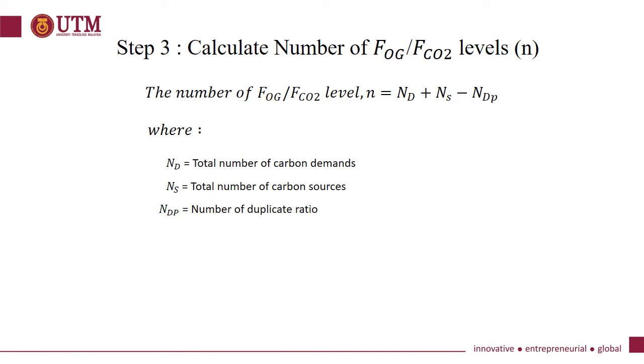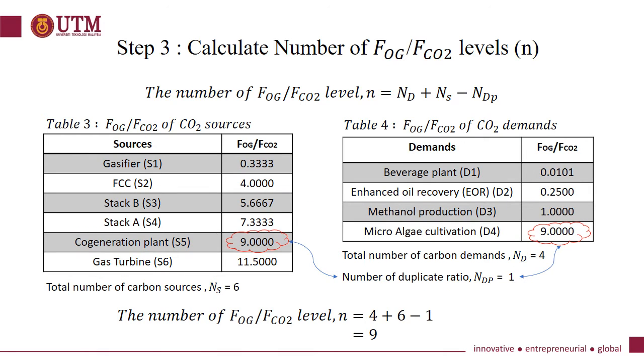For step 3, we will calculate the number of FOG over FCO2 levels by summing the total number of carbon demands and the total number of carbon sources, and subtracting the number of duplicate ratios. Table 3 and Table 4 show the FOG over FCO2 of CO2 sources and demands for this case study, which we just calculated.